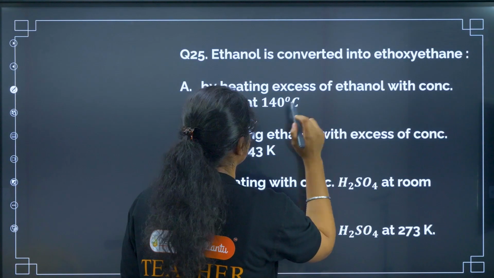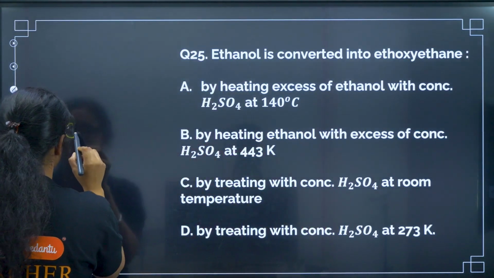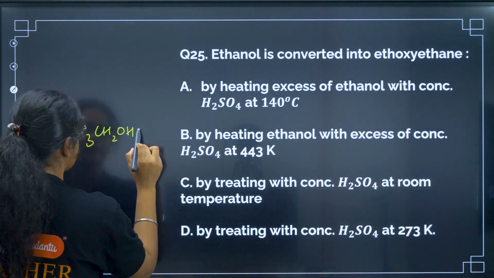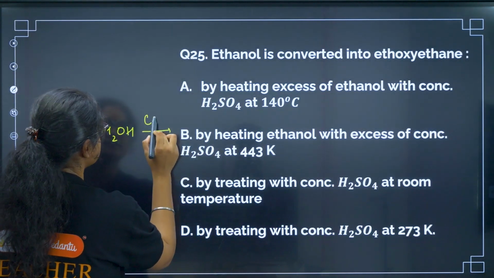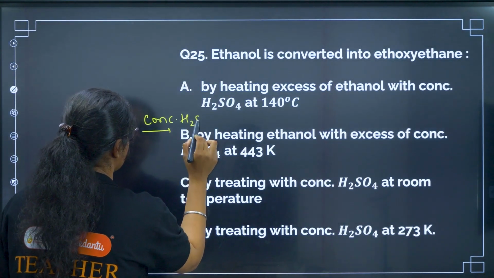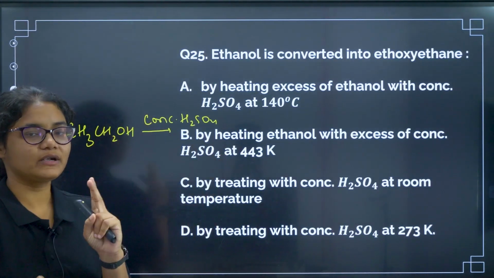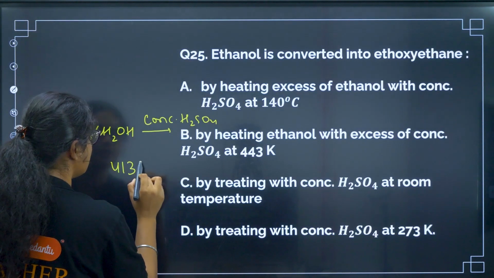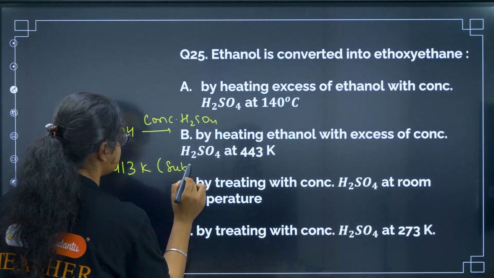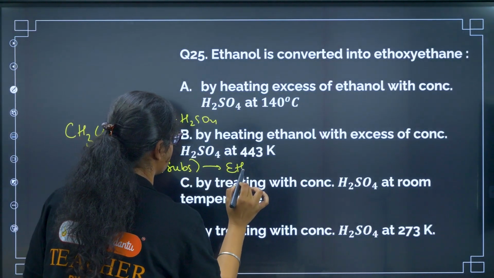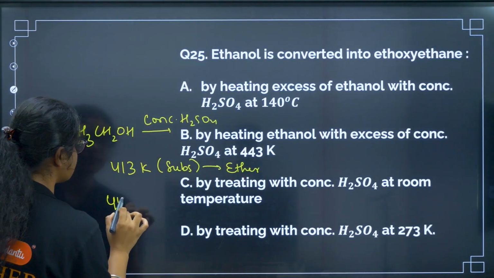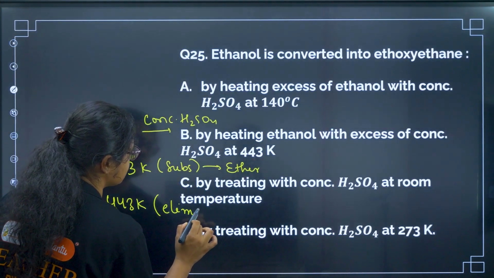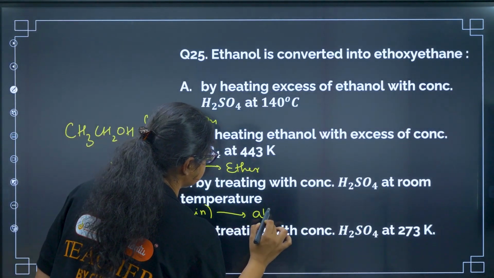Next, ethanol is converted to ethoxyethane. So we have this one, ethanol, which is converted to ethoxyethane with concentrated H2SO4. So if you remember, here we have two temperature conditions. If you do the reaction at 413 Kelvin, then substitution takes place and we get ether. And if we increase the temperature to 443 Kelvin, elimination takes place and we get alkenes, right?